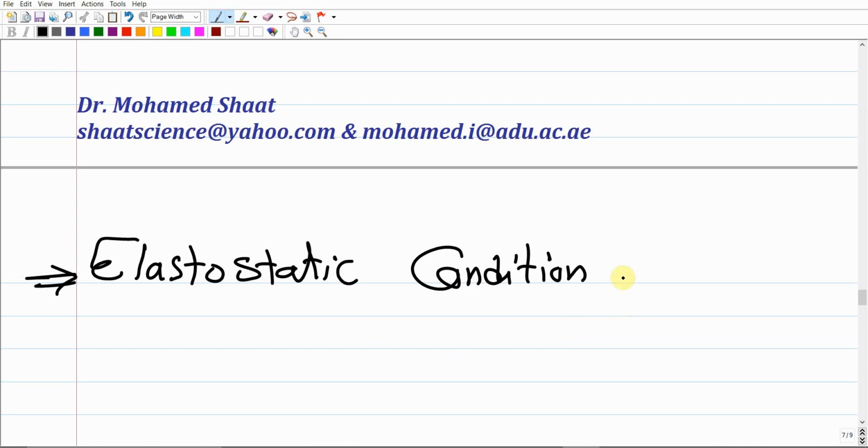Static means the object is physically stationary or its velocity is constant, so its state does not depend on inertia. In other words, in a static condition there is no acceleration, so the acceleration term u double dot should be zero.